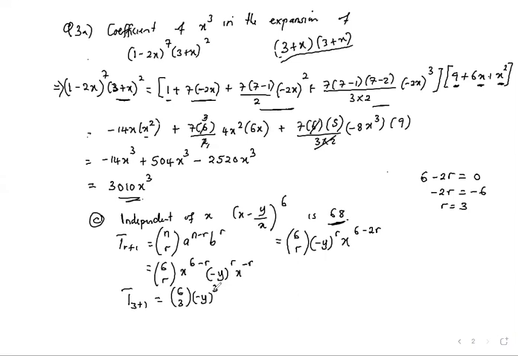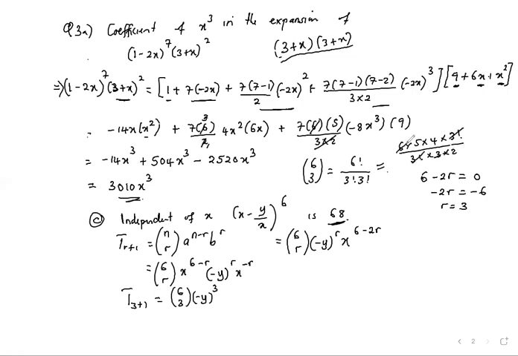So now we need to calculate what 6C3 is. This is 6 factorial over 3 factorial, 3 factorial, which is 6 by 5 by 4 by 3 factorial over 3 factorial by 3 by 2. So this cancels, and then 3 and 2 make 6.